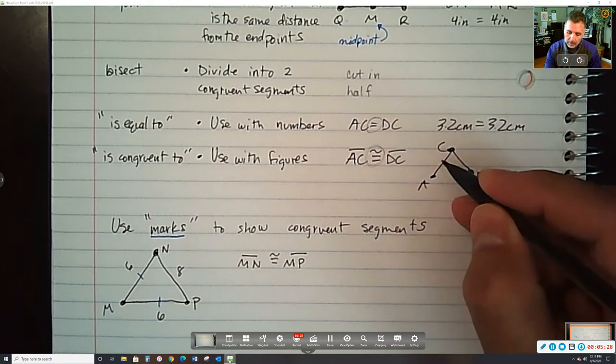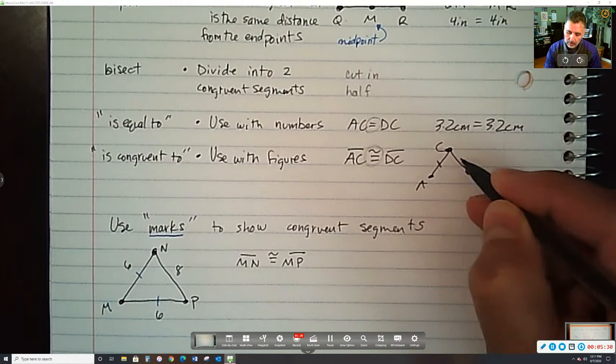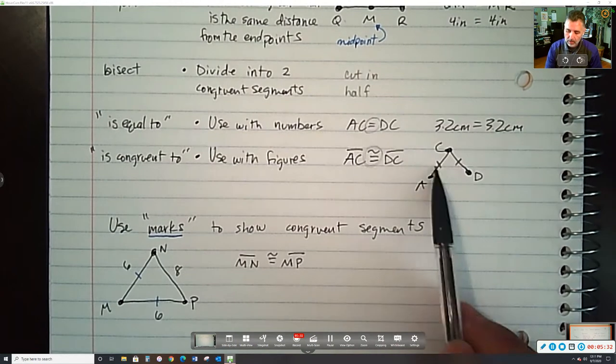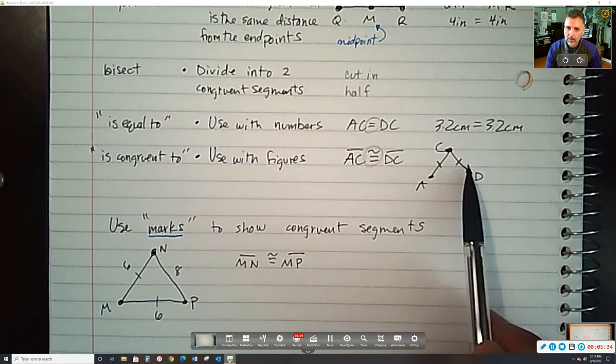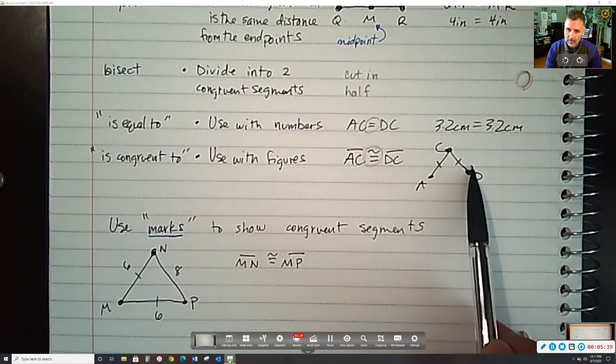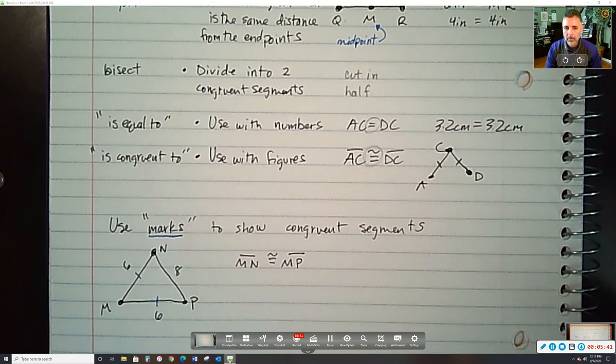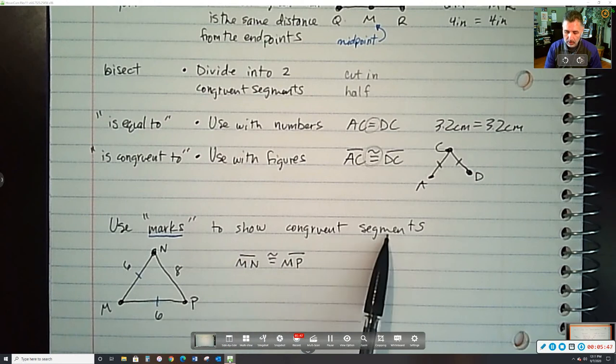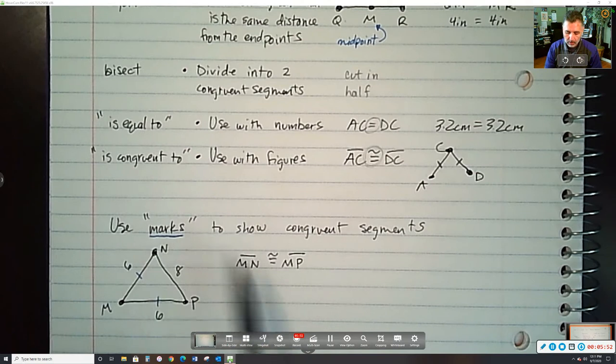On the diagram I could do this. And these two little hash marks, these two little lines, they tell me that this line is the same length as this line. It's congruent to. Okay, so here I put use marks, like these marks here, to show congruent segments. So I know MN, which is 6, is equal to NP. So that means the segments are congruent.